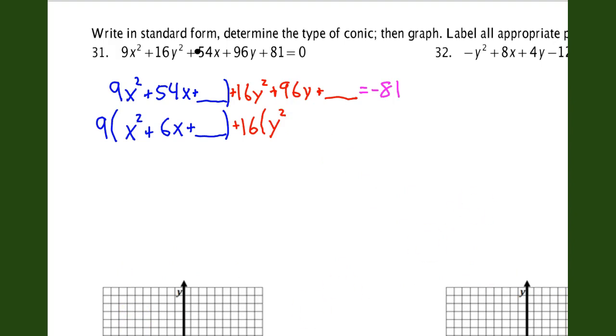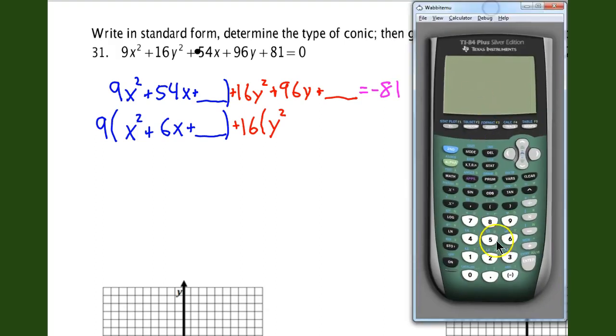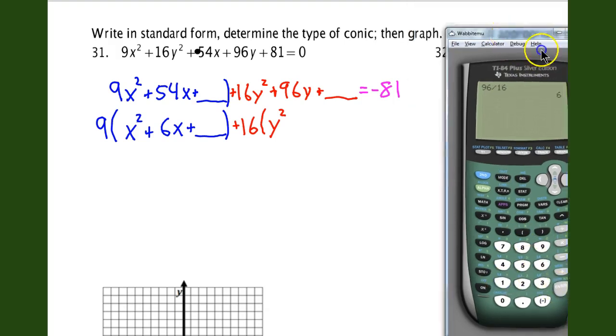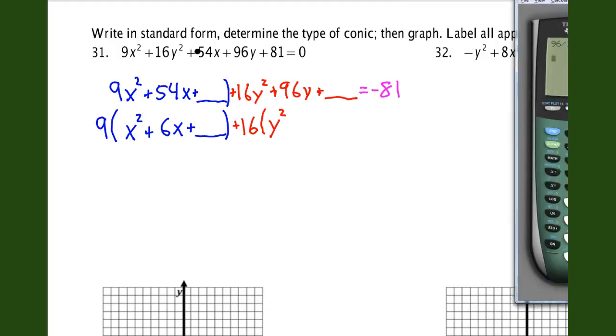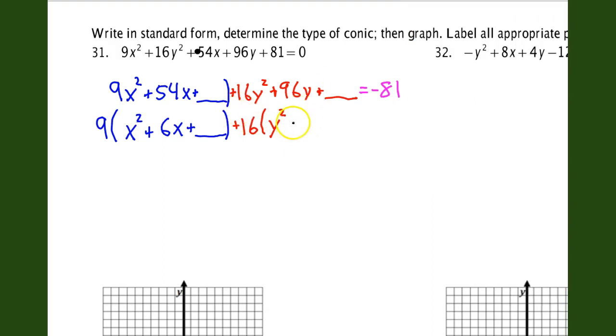Let's see what that is. Get my calculator here. 96 divided by 16. We'll have 6. Okay. And this still equals negative 81.